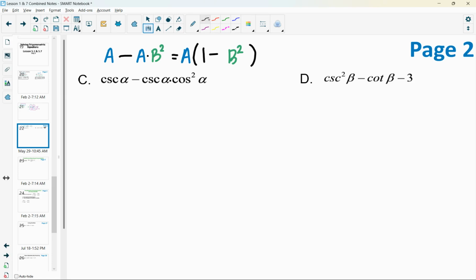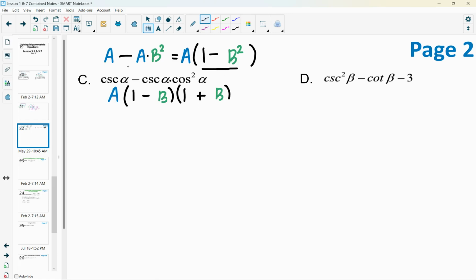And then this part is a difference of squares again, just like on that last one. So then we would have our a, and now this is going to end up being 1, since the square root of 1 is 1, and then the square root of b squared is b. And then we're going to have a minus and a plus so that those middles cancel out.